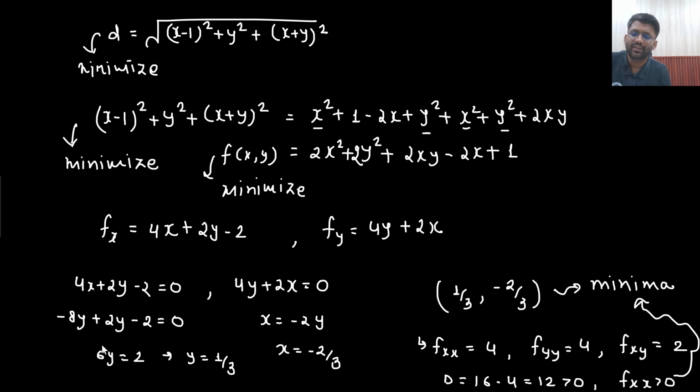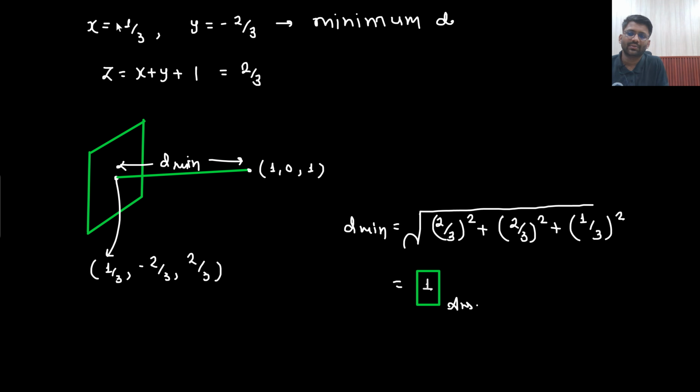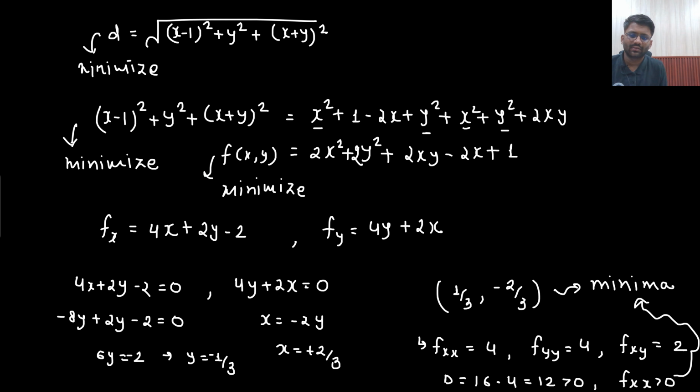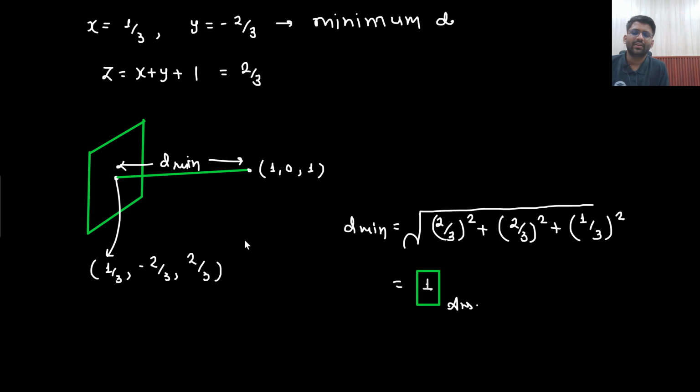What is the mistake? The mistake is that here 6y will be equal to minus 2, no? So the value of y is coming out to be minus 1 by 3. If the value of y is minus 1 by 3, then x will be plus 2 by 3. So here we have made all the blunders, right? Let me check again.